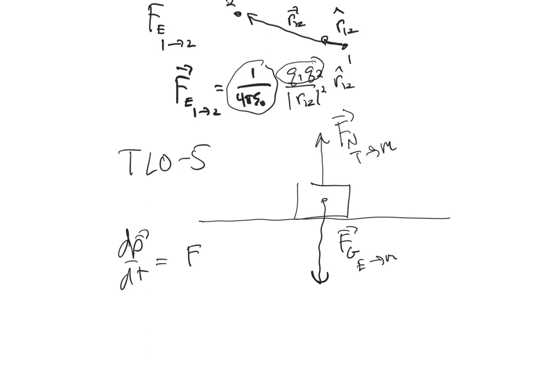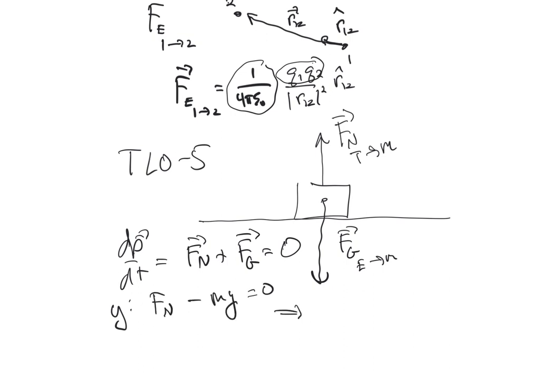Well, that's the normal force plus the gravitational force of the Earth pulling down. And we also see the mass is just sitting there, so the rate of change in momentum is 0. If we take the y component of both of these, that's got to be the normal force minus mg equals 0. And that tells you that the normal force in this example is just equal to mg.